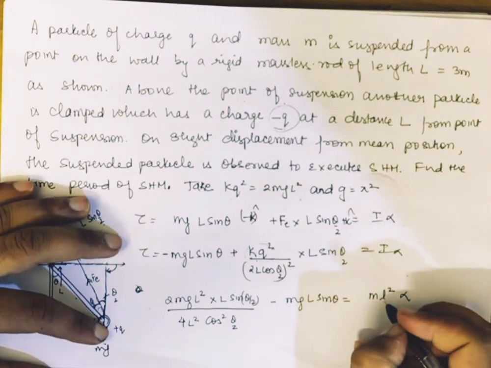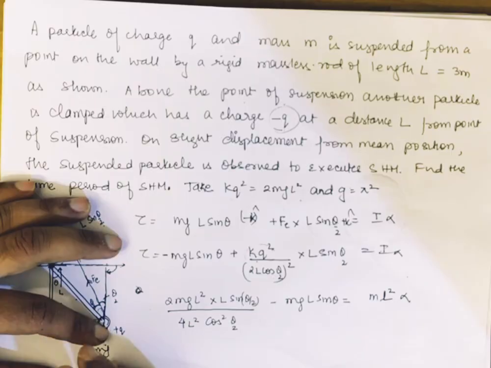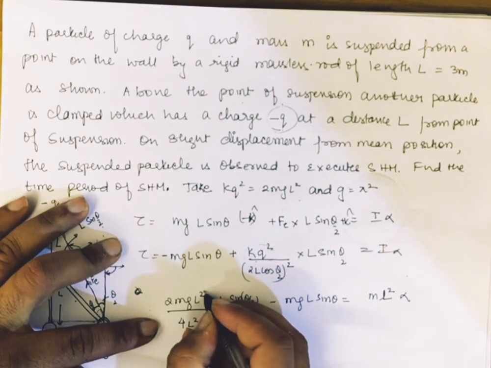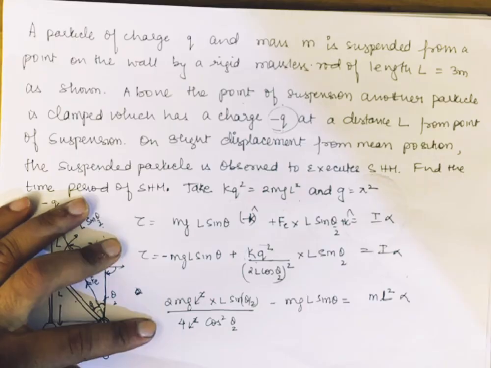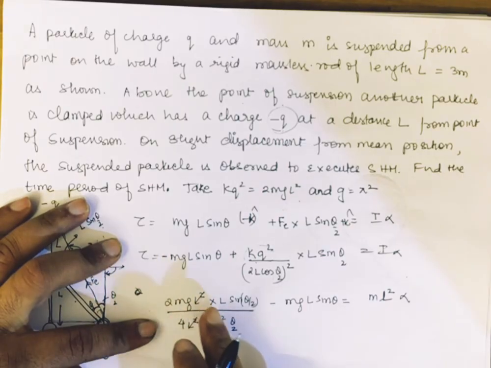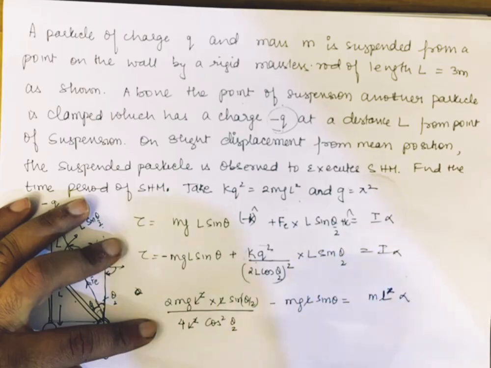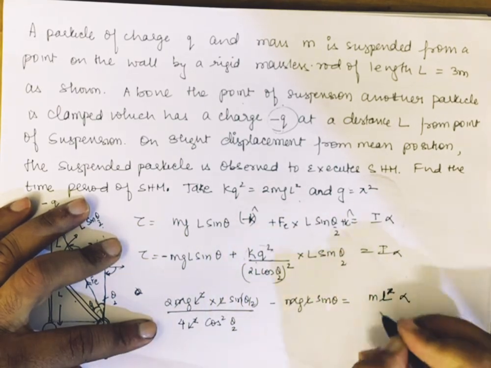These are lengths. So now we can start solving. Remove this L square first. I've removed it. So I have now L here, L here, and L. So one L can also be cancelled from here. Mass can also be removed from here.